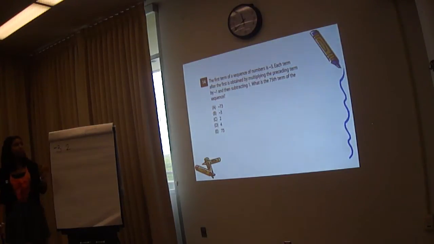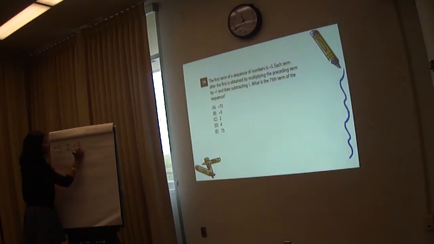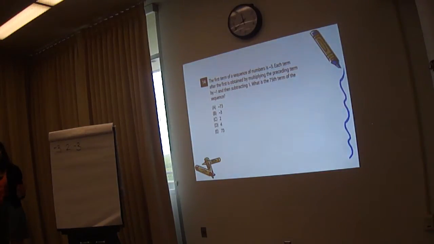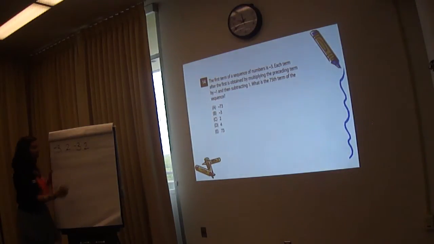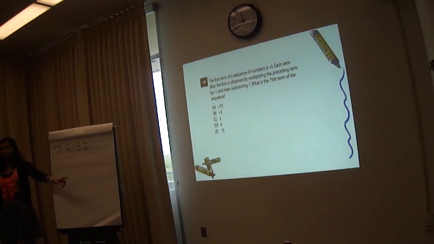Same way, right? Multiply by -1, then subtract 1, what do I have? -3. Interesting. Now how do I find the fourth term? Same thing, so what should it be? 2. So basically this is going to keep going, right?